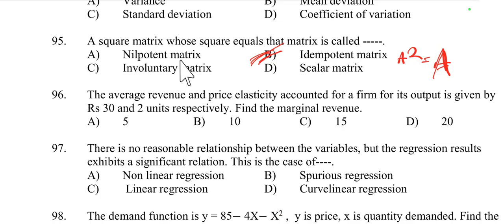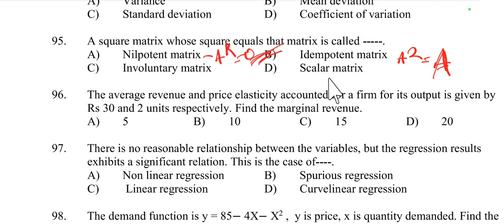Then what is a nilpotent matrix? A matrix A is called nilpotent if A to the power k is equal to 0 for some positive integer k, where k is the smallest such integer. This means that raising the matrix to a certain power results in the zero matrix. Then C is involutory matrix, which is a matrix A such that A square is equal to I, the identity matrix.